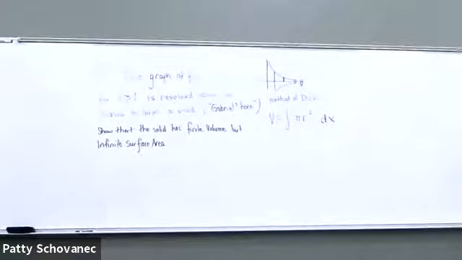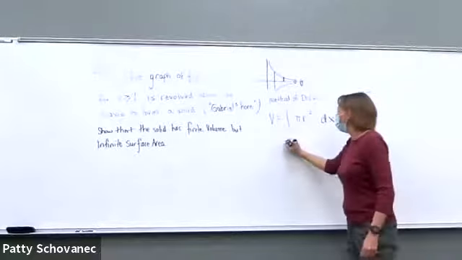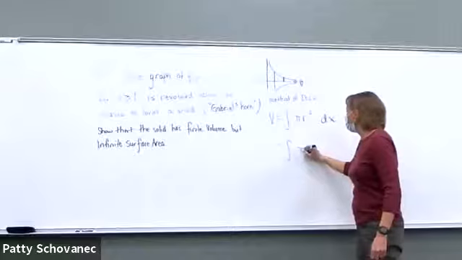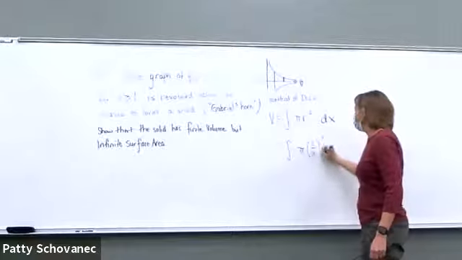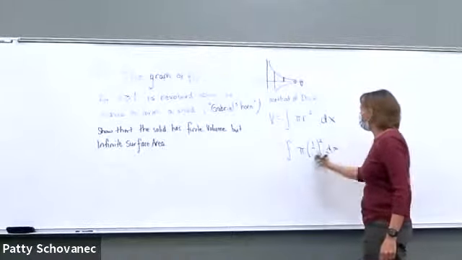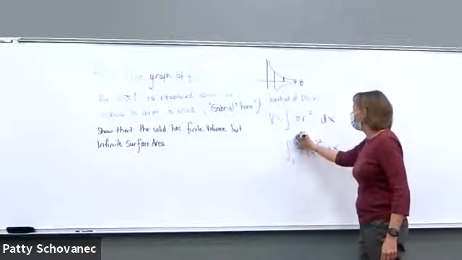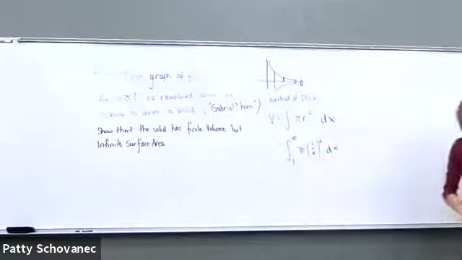The radius is the height of that rectangle, which is just the graph 1 over x. And so I'm integrating pi times (1 over x) squared dx from 1 to infinity. Agree? So we're just integrating 1 over x squared.